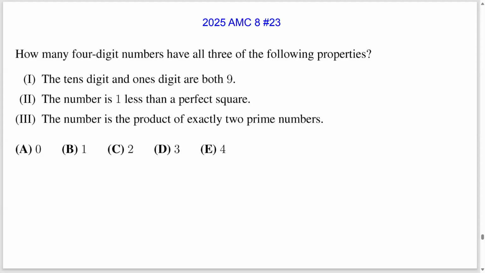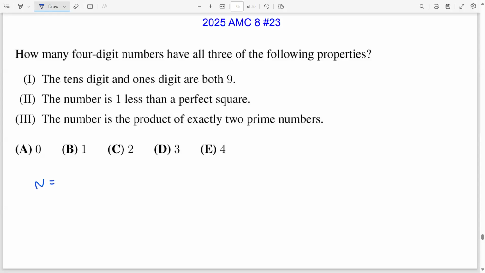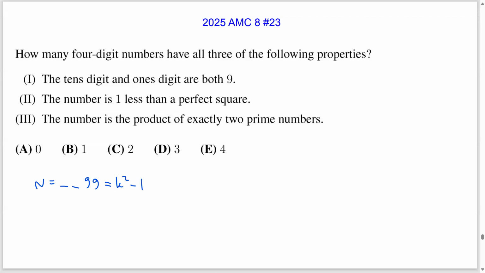So we want this number, which I'll denote by n, to be of this form, where we have two digits followed by 9. And this has to equal some perfect square minus 1. So I'll denote k squared to be the perfect square.